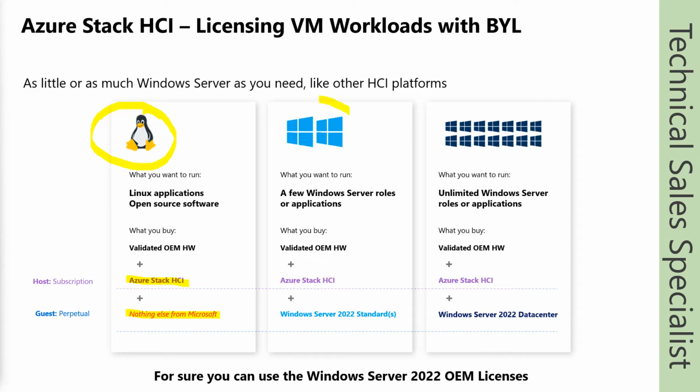If you have a few virtual Windows servers on this Azure Stack HCI cluster, you can use Azure Stack HCI in combination with Windows Server 2022 Standard licensing. It's possible to stack Windows Server 2022 Standard licenses to increase the number of virtual usage rights.